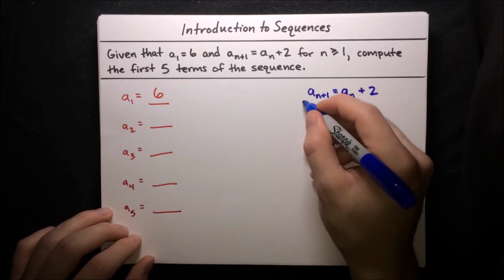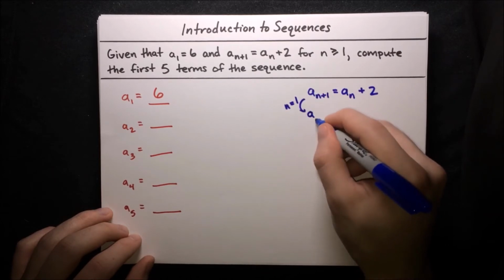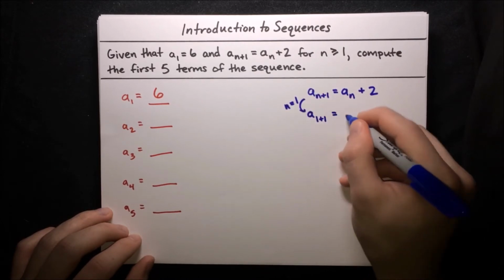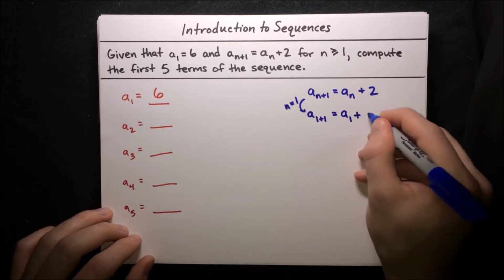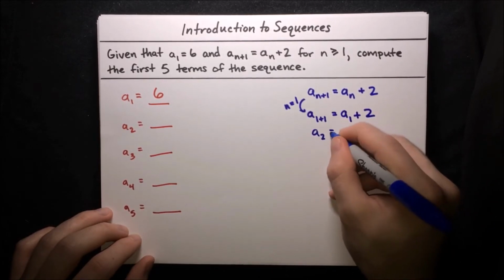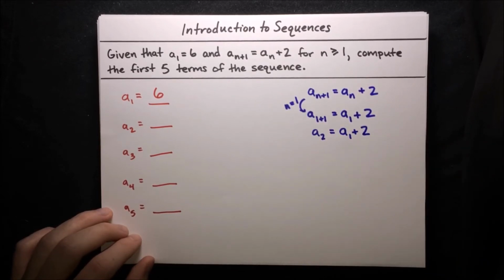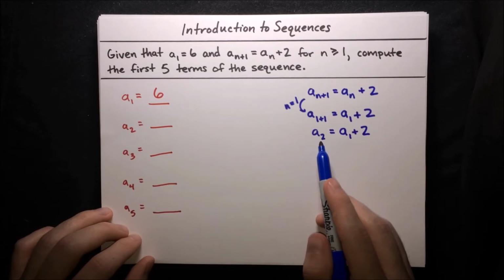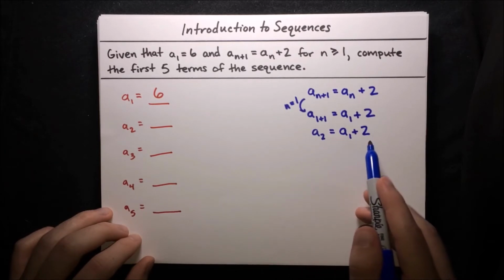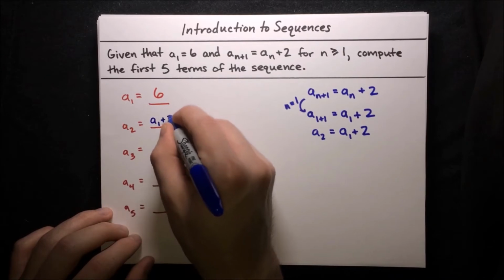Plugging n equals 1 into this formula, we get A(1+1) is equal to A1 plus 2, which simplifies: A2 is equal to A1 plus 2. Okay, so now we've got an expression for A2. It's still in terms of A1, but let's go ahead and write it in there.